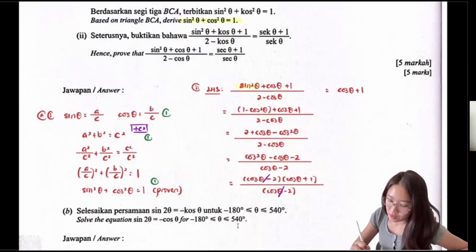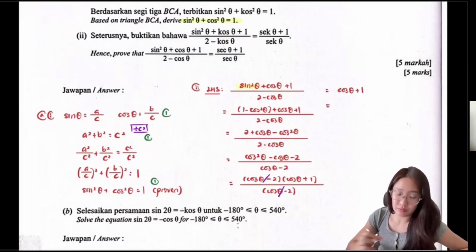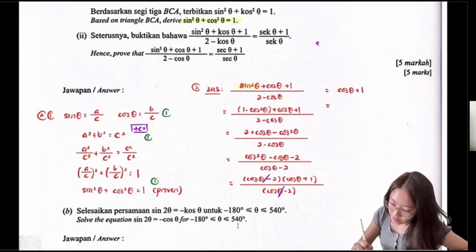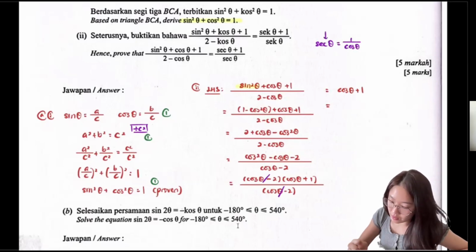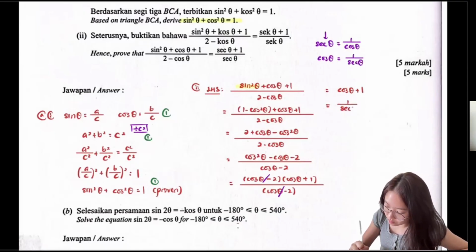Okay, now guys, cos theta, how to make it become secant? You must know that secant is actually 1 over cos, right? The third letter is C, right? So if I want to have cos as the title, secant will move in. So cos, I can write it as 1 over secant.